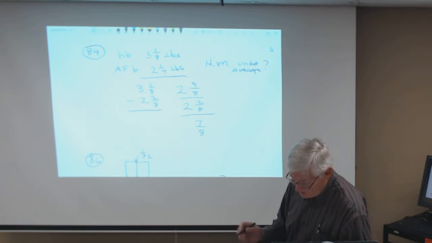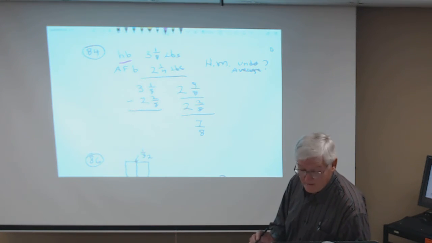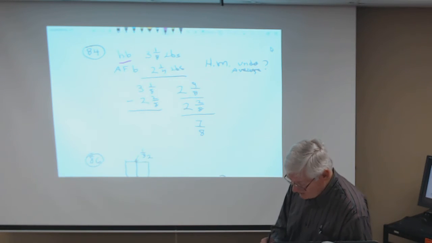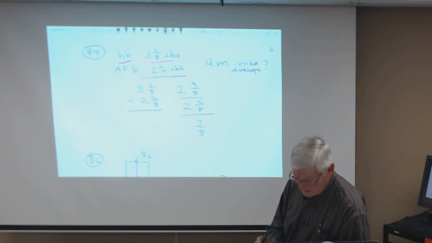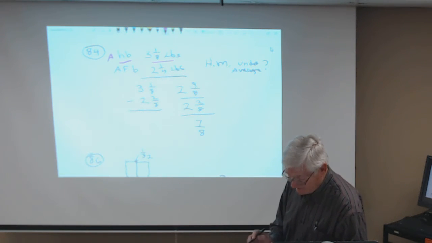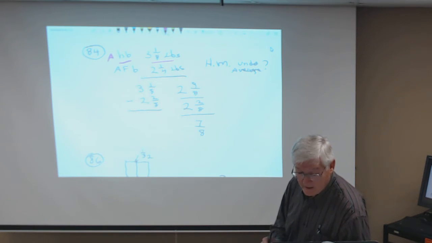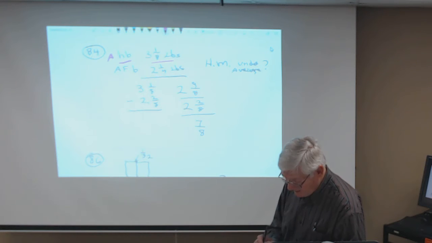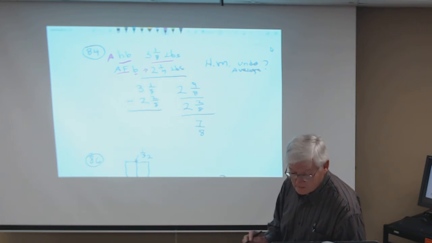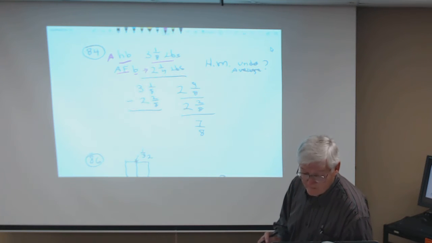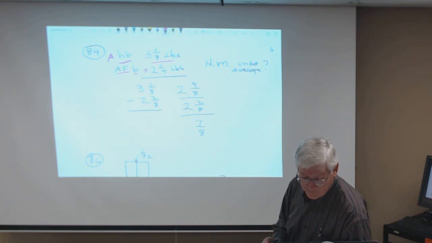So it says a human brain, HB, weighs 3 1/8 pounds. That's the average human brain, isn't it? And Anatole France's brain weighed 2 1/4 pounds. Is that what they said?